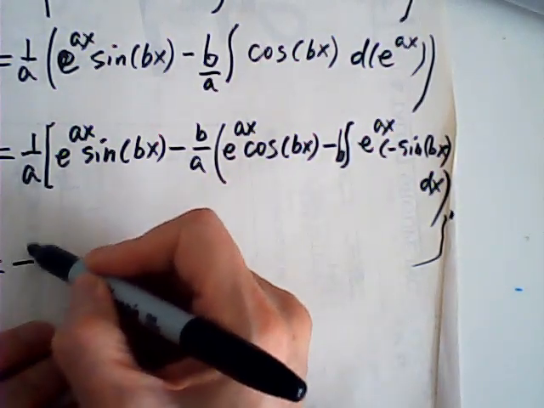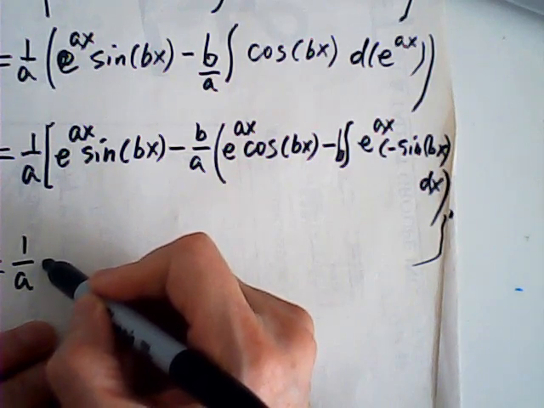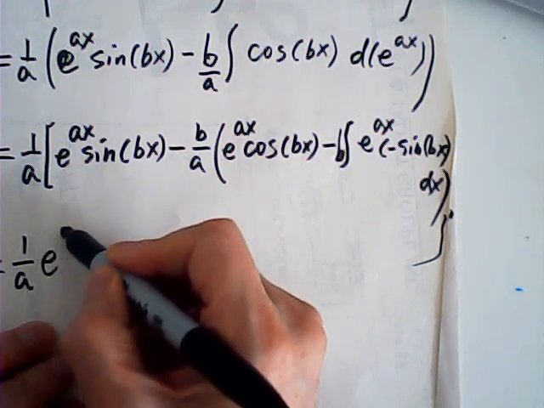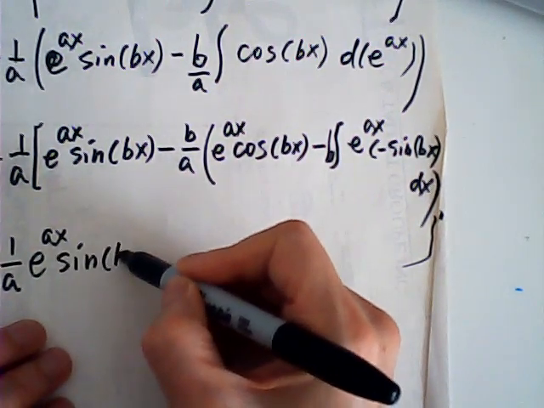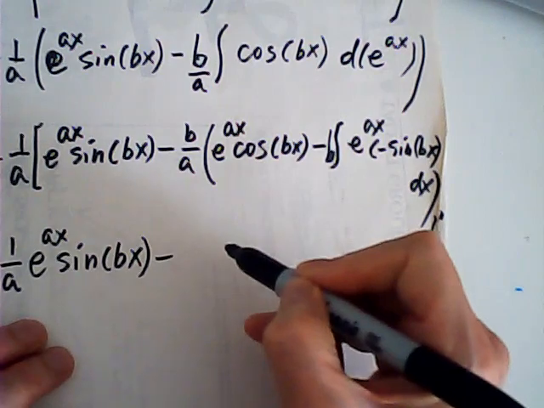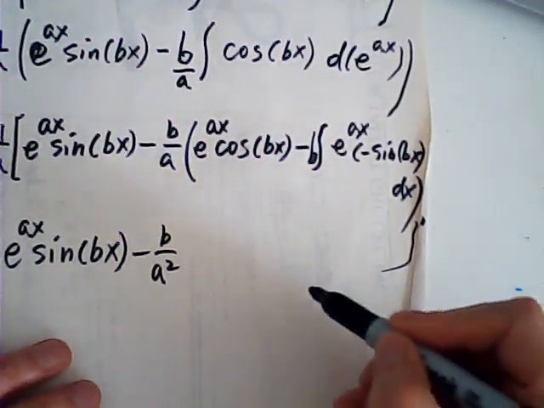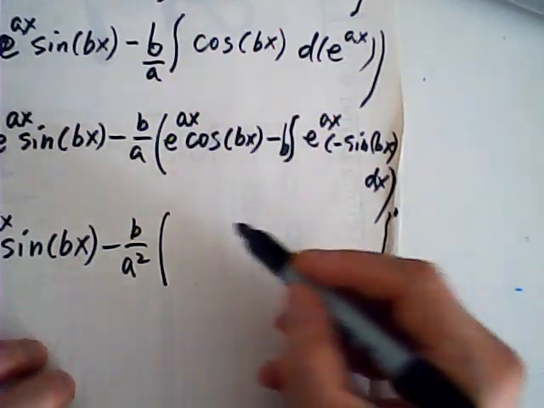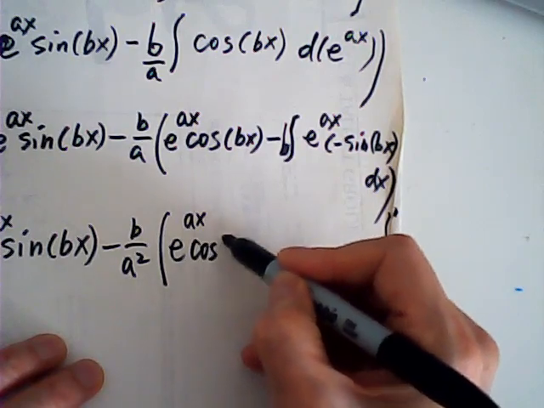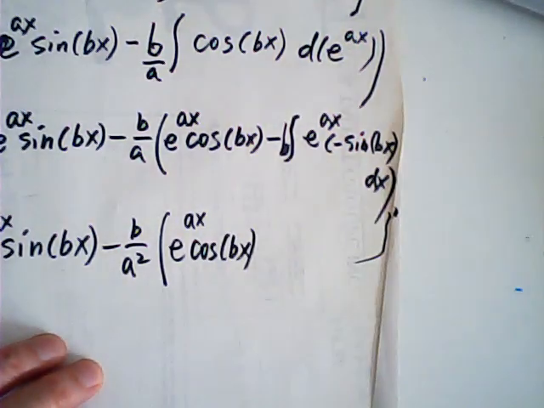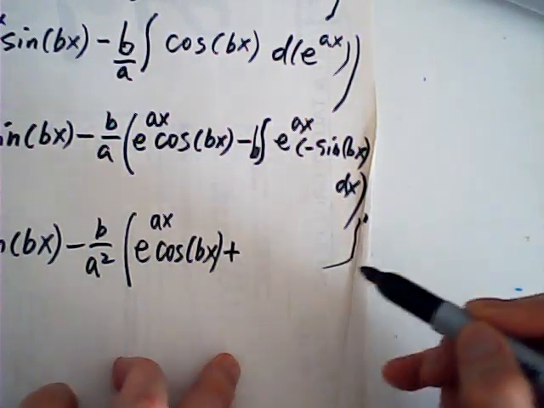So this one is 1 over a e to the ax sine bx minus b over a square, right? Multiply e to the power ax cosine bx. And this negative can be positive, right?